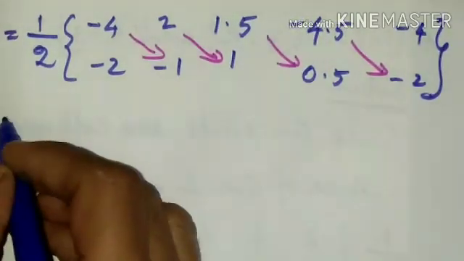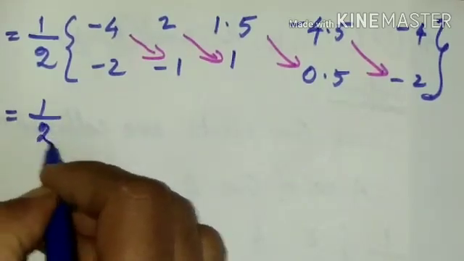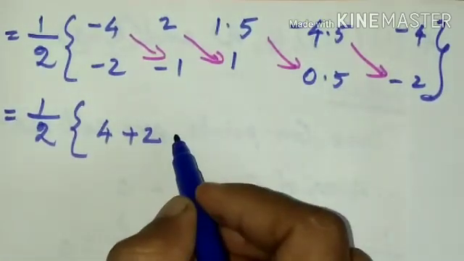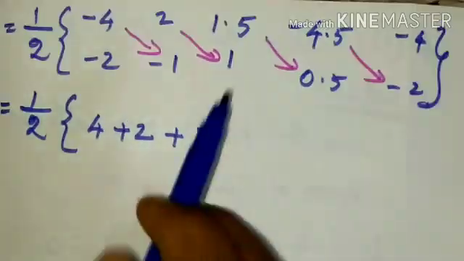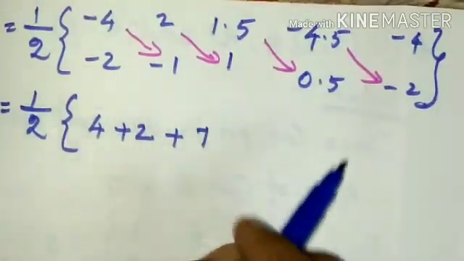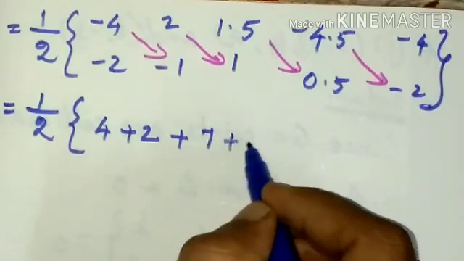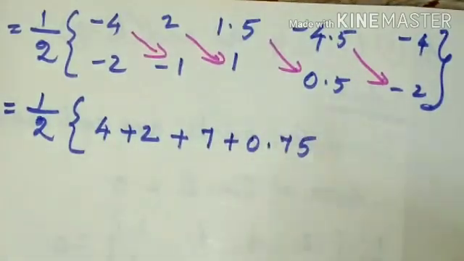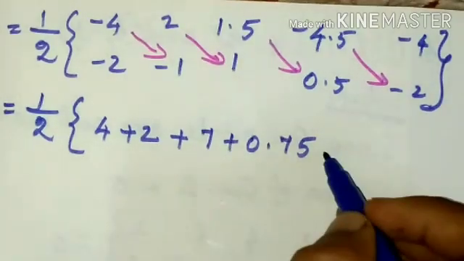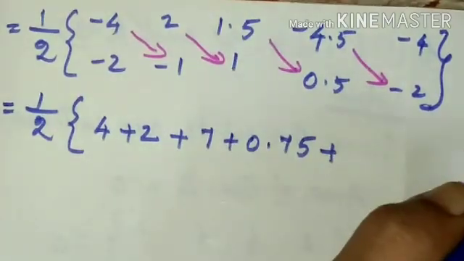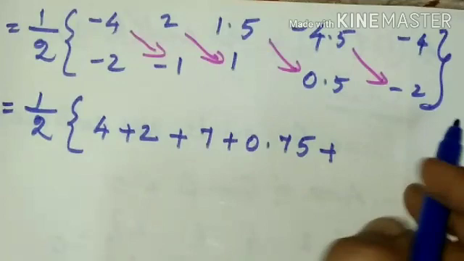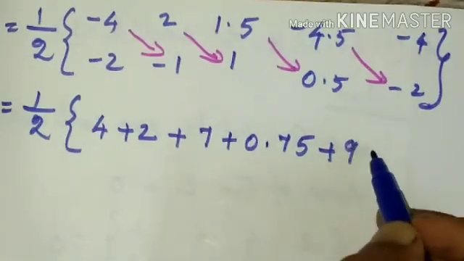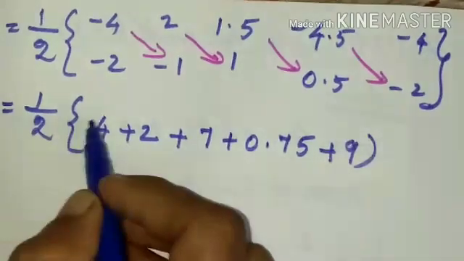Then we get half into 4 plus 2 plus 1.5 into 0.5 plus 0.75 plus minus 4.5 into minus 2 we get plus 9.0, that is 9.